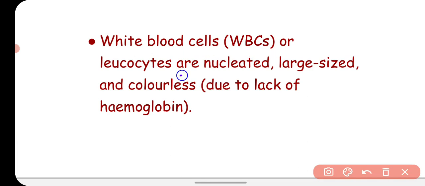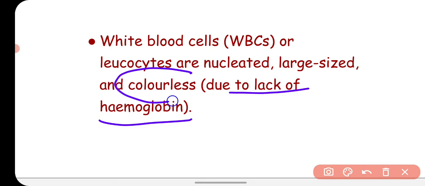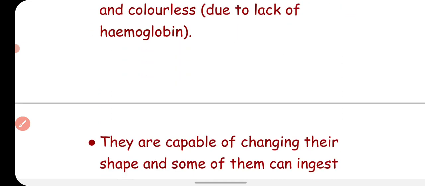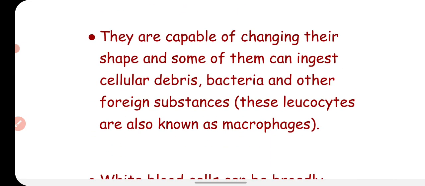They are nucleated, meaning they have a nucleus, they are larger in size, and they are colorless because of the lack of hemoglobin. That's why they are known as white blood cells. White blood cells are capable of changing their shape, and some of them can ingest cellular debris, bacteria, and other foreign substances.